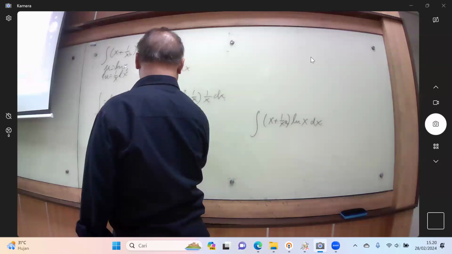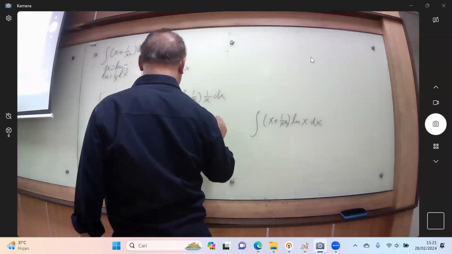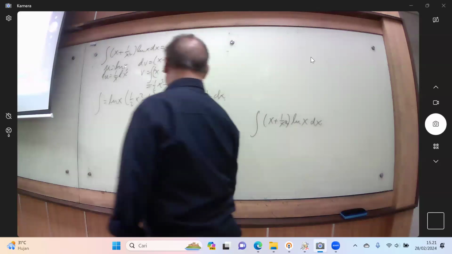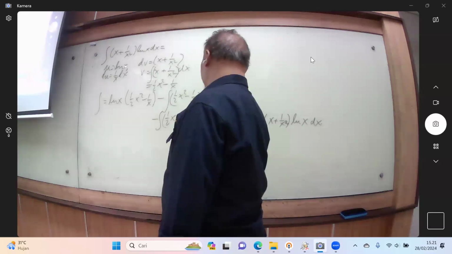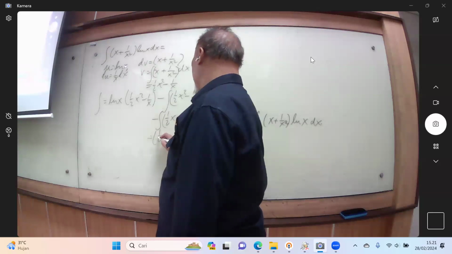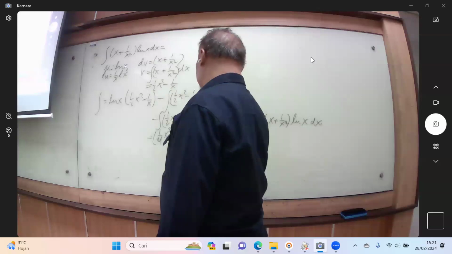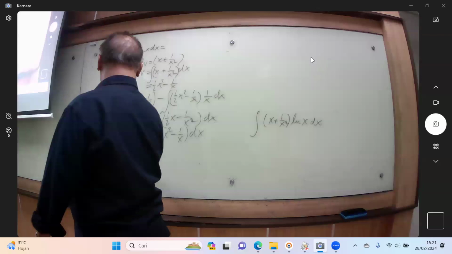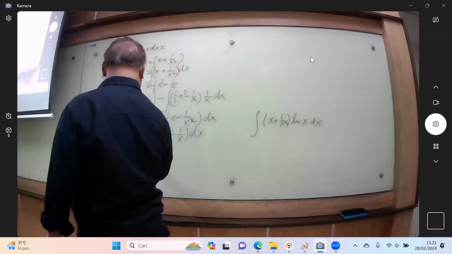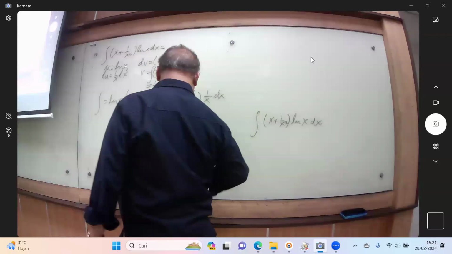So it becomes minus the integral of x minus 1 divided by x squared dx. So it becomes half x squared minus x ln x. Oops.